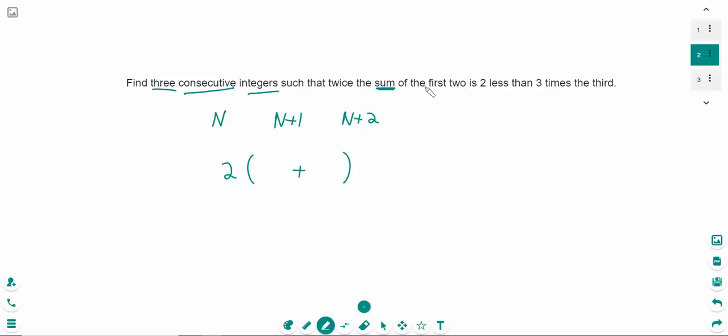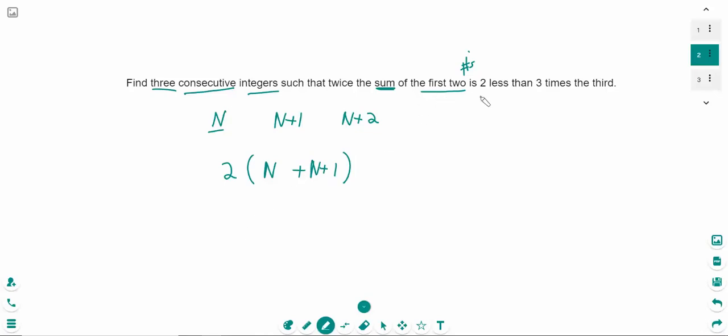So twice the sum of the first two, and this first two would mean the first two numbers, right? So the sum of the first two numbers. Well, what's the first number? The first number is this n. So it's going to be the sum of the first number with the second number, which is n plus 1. All right? So that's part of our equation taken care of.